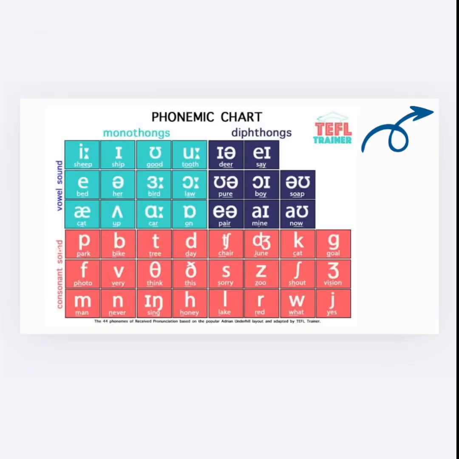Right here, I have the IPA chart, also called the phonemic chart. On the chart, you have the sounds of the English language, and it contains the consonant sounds and the vowel sounds. The consonant sounds are 24 in number, while the vowel sounds are 20 in number.